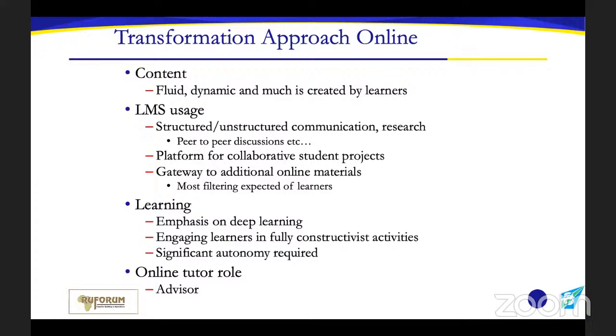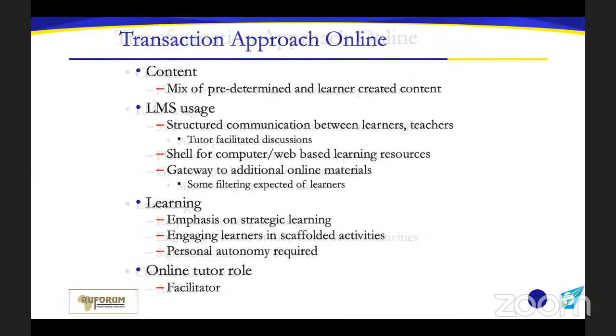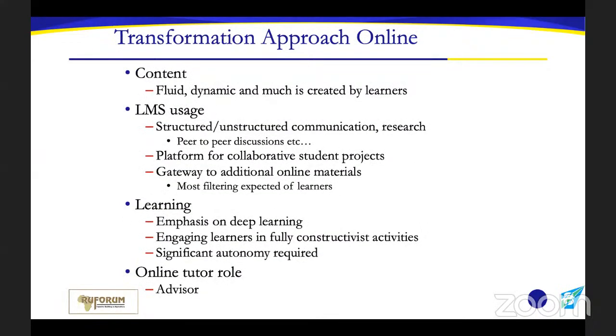That's why you'd blend it with the strategic, with the other approach of transaction. You blend it with that so that you get this halfway undergraduate student. But for postgraduate, you can go straight to transformation and it will give you the learner you are looking out for. So the emphasis is more on deep learning, engaging learners in fully constructivist activities.